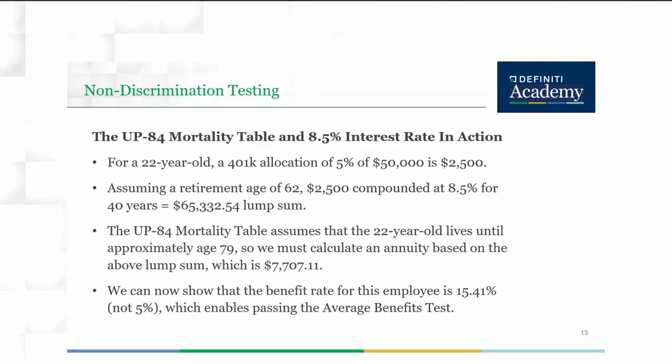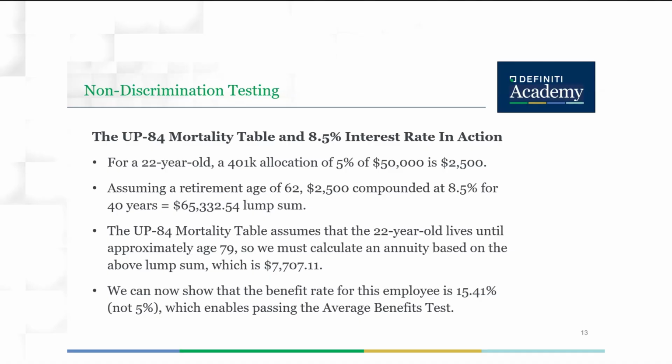Okay, so let's apply the 8.5% and one of the tables for this 22-year-old that got a 5% allocation. So he makes 50,000 a year. 5% of 50,000 is $2,500. So that 2,500 is being compounded for 40 years and arriving at a lump sum of like 65,000 or so. Okay.